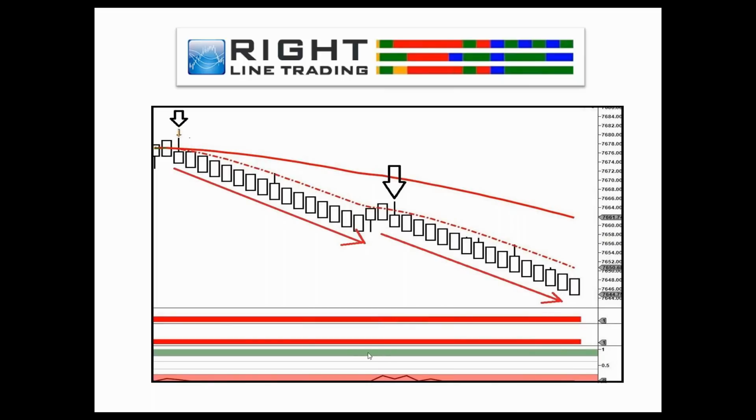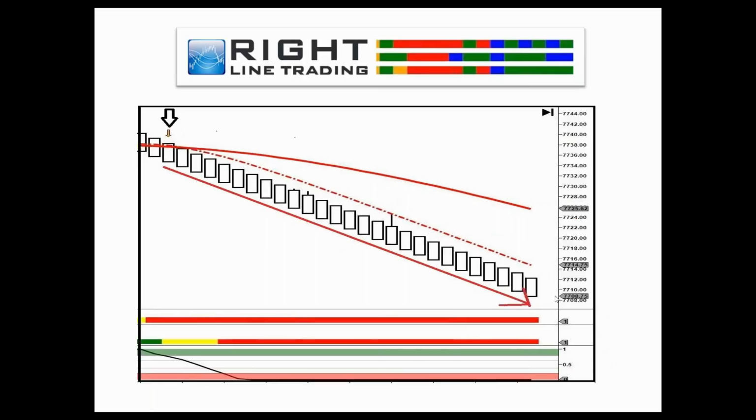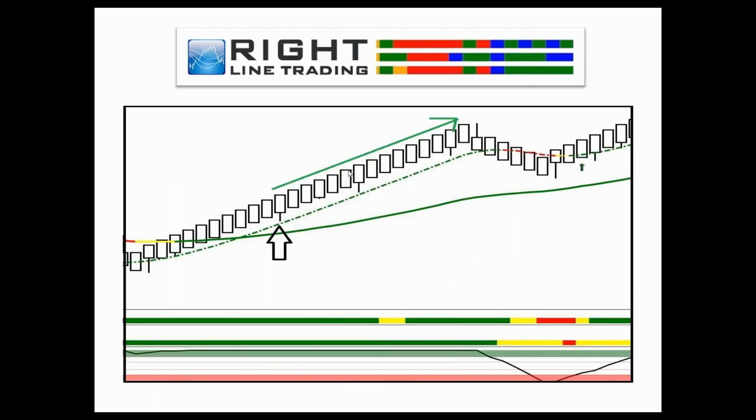Both Laguerres are locked short. And bam, down you go. Right here. Chart Laguerre, multi-time frame, and down you go. So you see, you're always going to want to trade in the direction of a locked Laguerre because only institutional money can lock it long or lock it short.